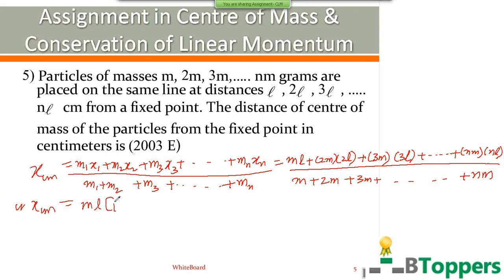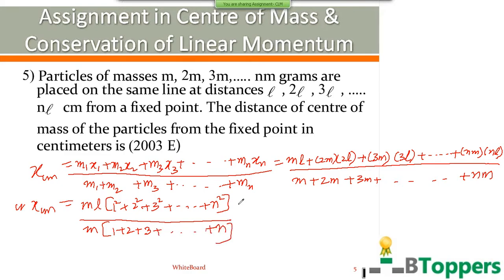You get 1 plus 1 square plus 2 square plus 3 square etc. up to n square, divided by, taking m common in the denominator, 1 plus 2 plus 3 plus etc. up to n. So m gets cancelled in both numerator and denominator. This will be in centimeters. So L into sigma, the sum of the squares of the first n natural numbers, divided by the sum of the first n natural numbers.